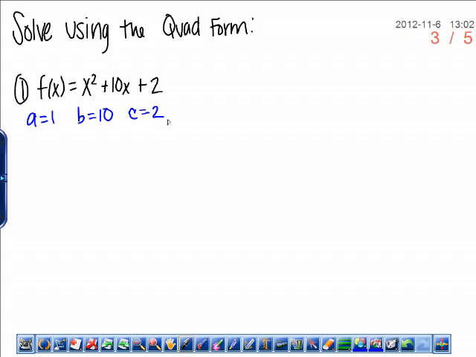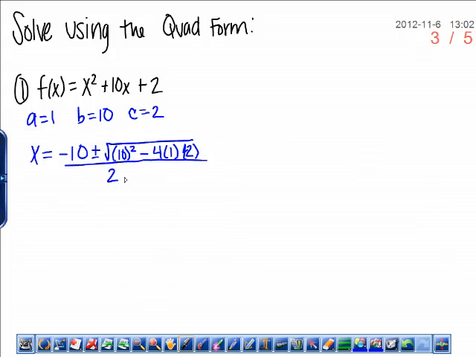All right, so let's go ahead and start. x equals negative b plus or minus the square root of b squared minus 4ac all over 2a.